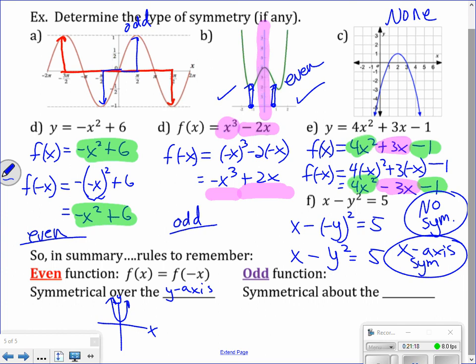All right, and for an odd function, the rule here that we're going to say is f of x is equal to negative f of negative x. So when you plug in a negative, you get a negative of the original. Oh, no, hang on, I wrote that wrong, erase that.